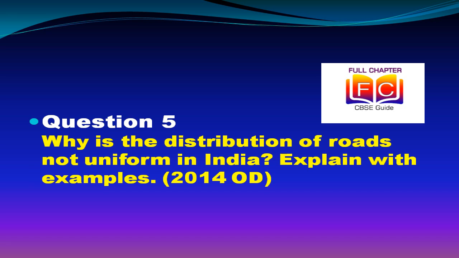Next question. Why is the distribution of roads not uniform in India? Explain with examples. Distribution of roads is not uniform in India due to different types of geographical features. Moreover, the volume of traffic as well as passengers also affects road networking in India. Roads are highly congested in cities.